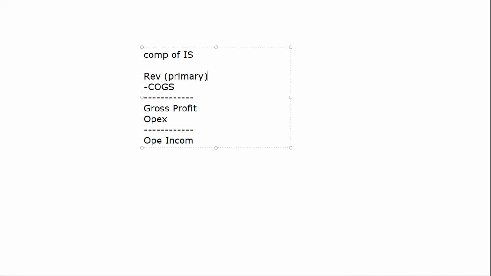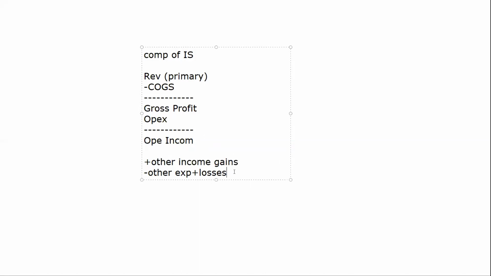There are other components of the income statement, which are called secondary sources of inflows. They are separately written down, like other gains, other income gains. And of course, there's other expenses or losses.